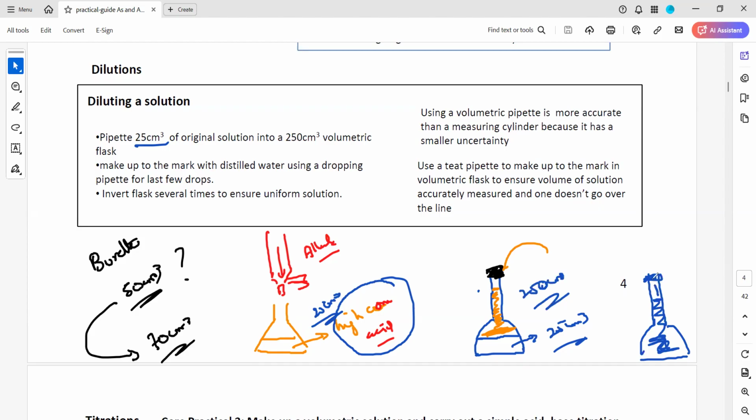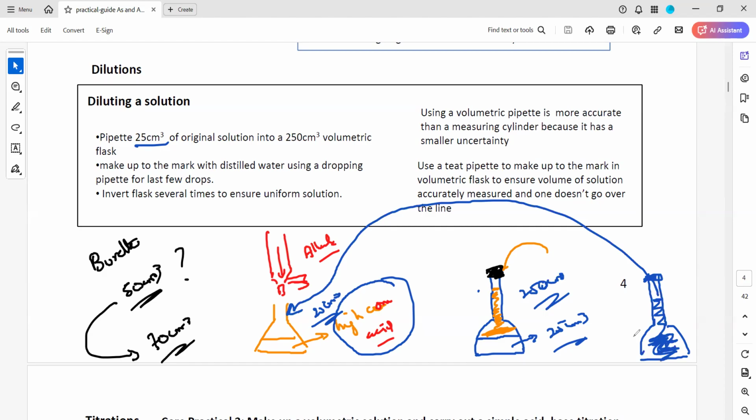Now we again take 25 cm cube and do the titration. But this 25 cm cube of solution will contain fewer moles, so it needs less volume of alkali for a reaction. So we don't have to refill the burette.